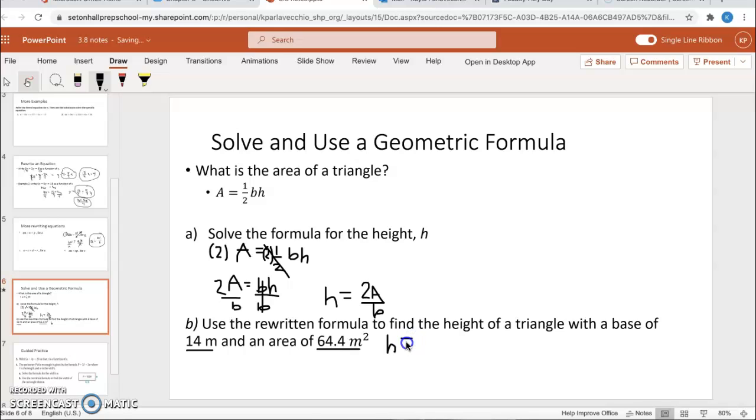I could just say the height is equal to 2 times the area, which is 64.4, over the base, which is 14.